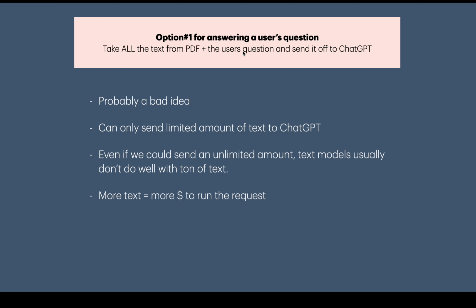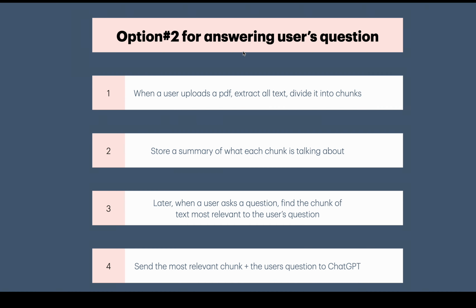Now let's take a look at option number two. This is what we are going to be doing in our application, and this is also very likely what PDF.ai is doing as well. Everything begins when a user uploads a PDF. Whenever a PDF is uploaded, all the text is extracted and divided into chunks.